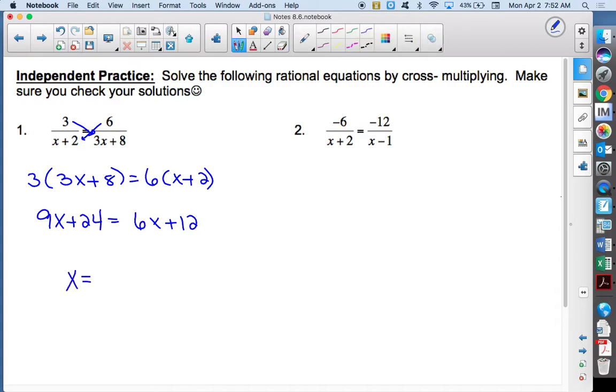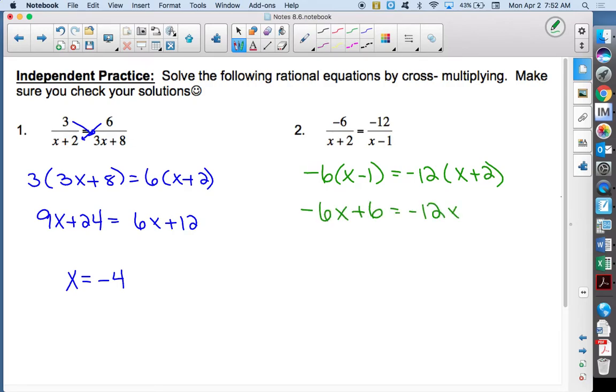So for the independent practice, the first one, you should end up with a negative 4. And then the second one would be a negative 5. So make sure that you are getting those two solutions.